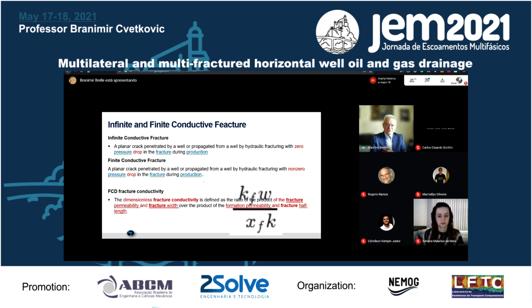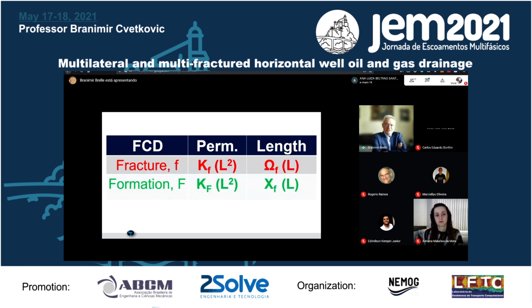So when I am going to summarize that, I have here FCD, which is related to permeability and length. On one side, I have that fracture go to the wellbore, and with this I have KF, which has dimension of L squared. This is going to be multiplied with omega. Omega has the dimension L. Omega is the width of the fracture.